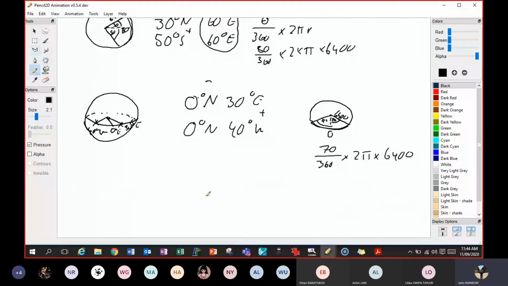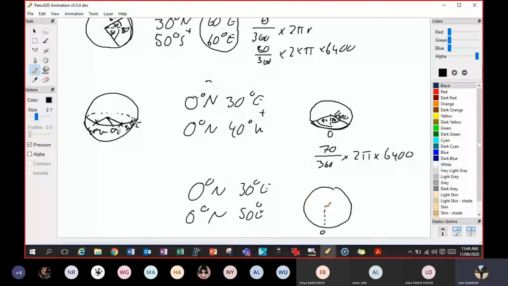So if we went 0 degrees north, 30 degrees east, and we want to find the distance between 0 degrees north, 50 degrees east, the circle will be a bit different. So that would be 0, that would be 30, and that would be 50.